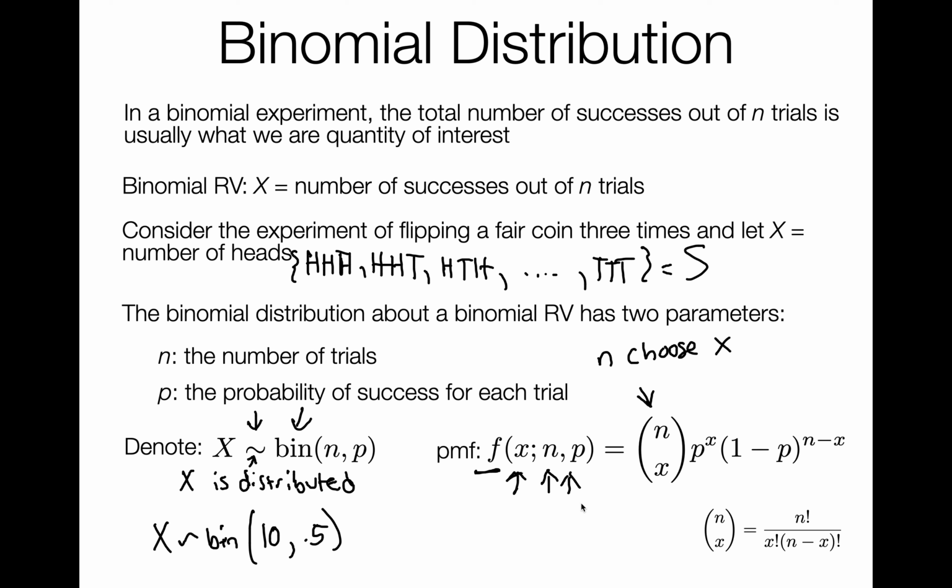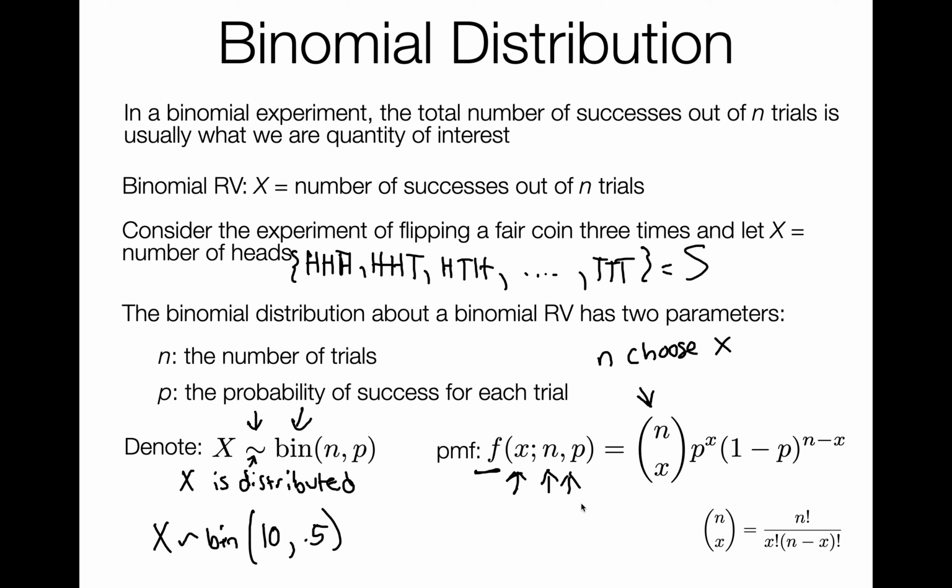But we have n choose x, p to the x, 1 minus p to the n minus x. You may wonder how they got this formula, and it's not too challenging to think about.